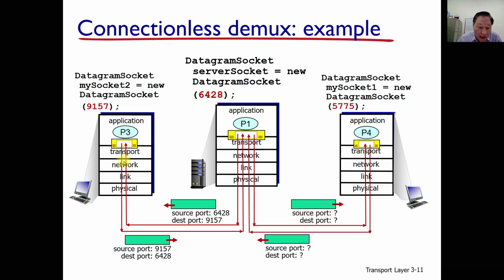Okay, this one is sending a packet, called a datagram, and that datagram contains the source port number and destination port number, as we observed in the previous transport layer protocol segment format.